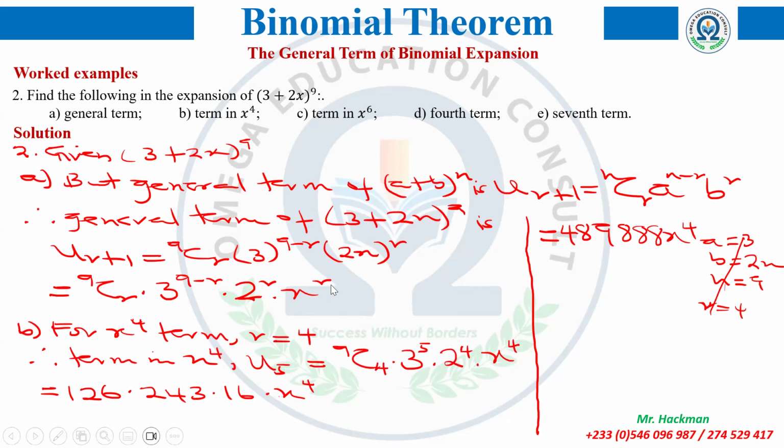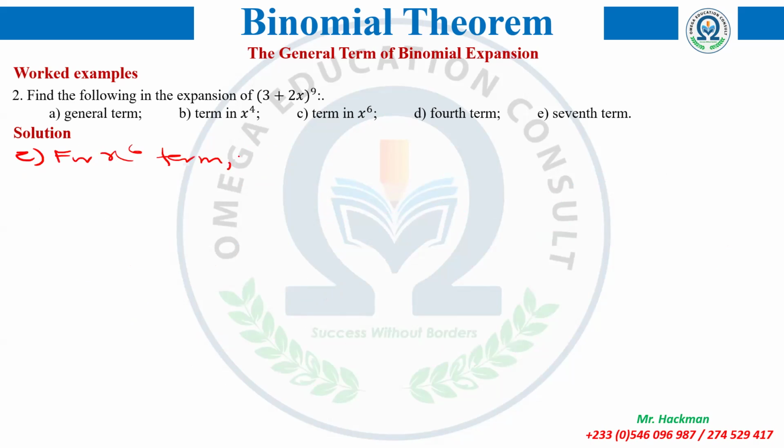When you equate, r is already solved for, so r must be equal to 6. Is that clear?